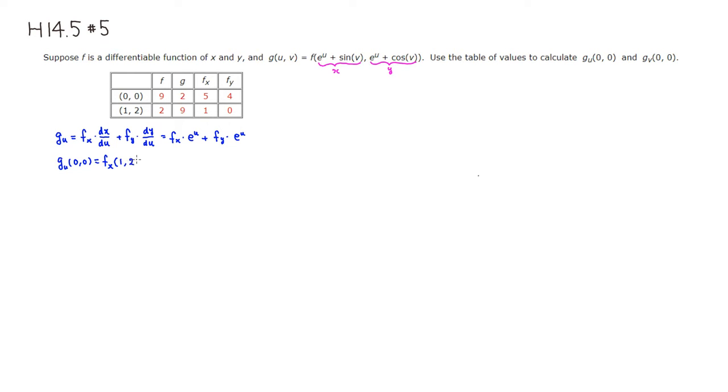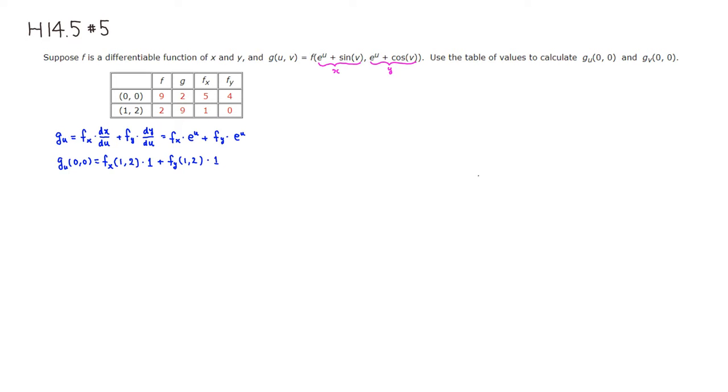So you have 1, 2. Then times e to the 0, which is 1 because u is 0. Then f sub y at 1, 2, because it's exactly the same point, and then e to the 0 is going to be 1. So we have that.